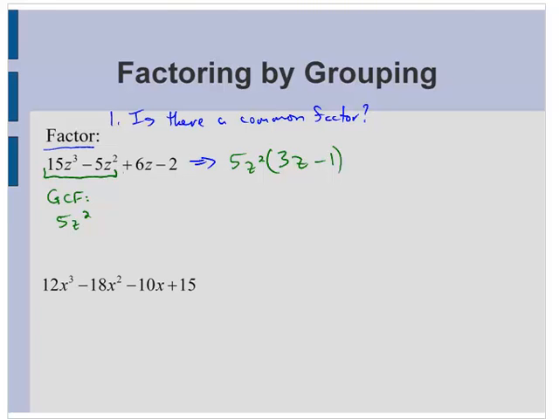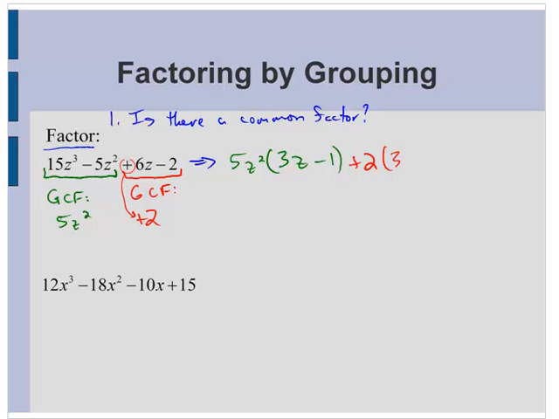All right, now I look at the second grouping, the plus 6z minus 2, and say, what is their GCF? Well, 6z and 2, the common factor there, all I can factor out is a 2. And I'm going to be more specific. I'm going to say it's a positive 2. And basically all I'm going to do is take this sign, whatever that sign is, and put it there. So I'd have plus 2 times what?